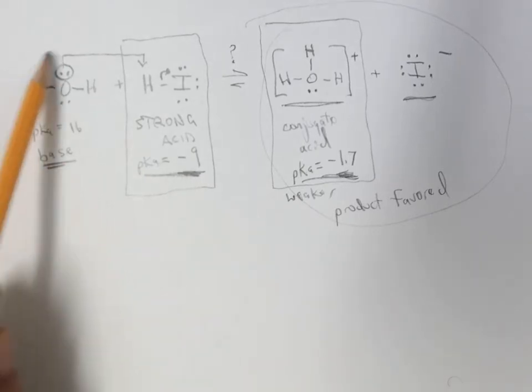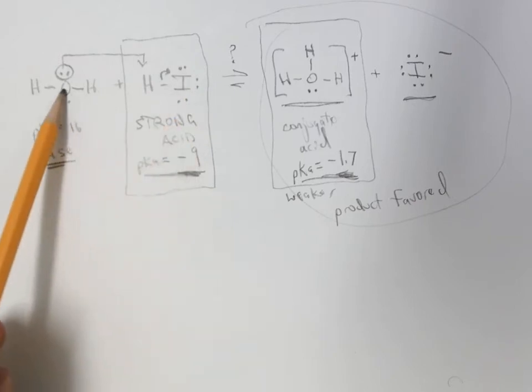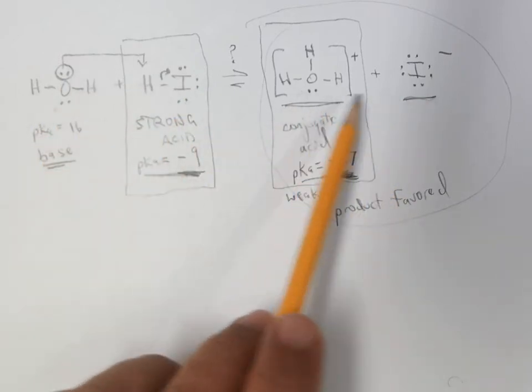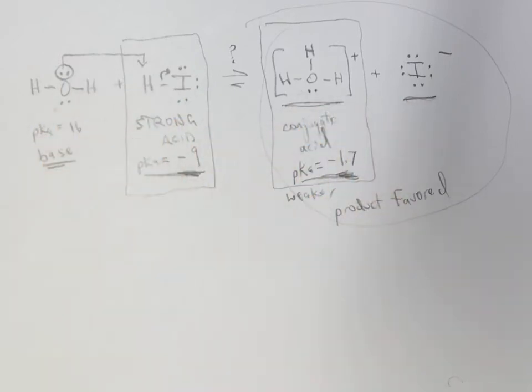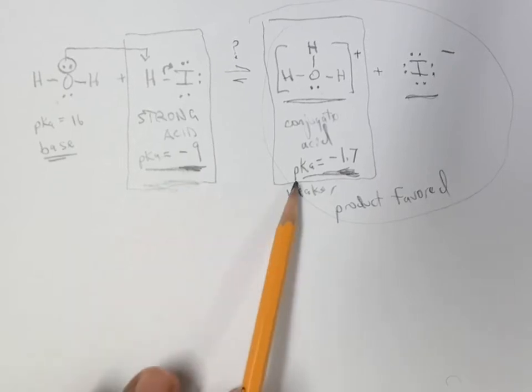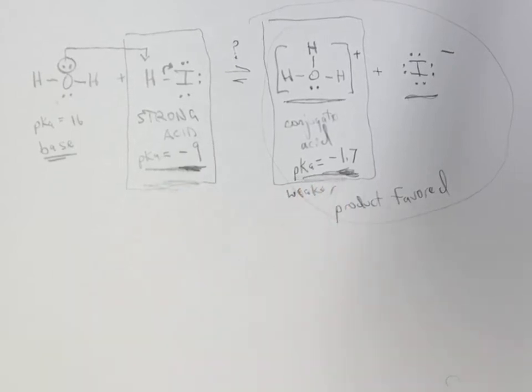So given these reactants, I can look at the mechanism to figure out what the products are by doing a proton transfer from the acid to the base, and then by looking at the relative strengths of the acid on the reactant side and the conjugate acid on the product side, I can decide which is the most stable combination, and since hydronium is weaker than HI, the products will form in this reaction.